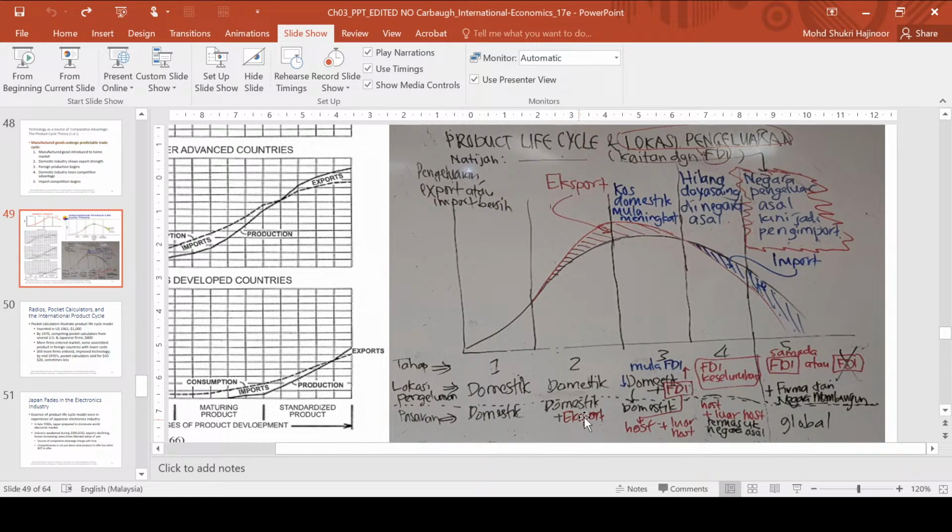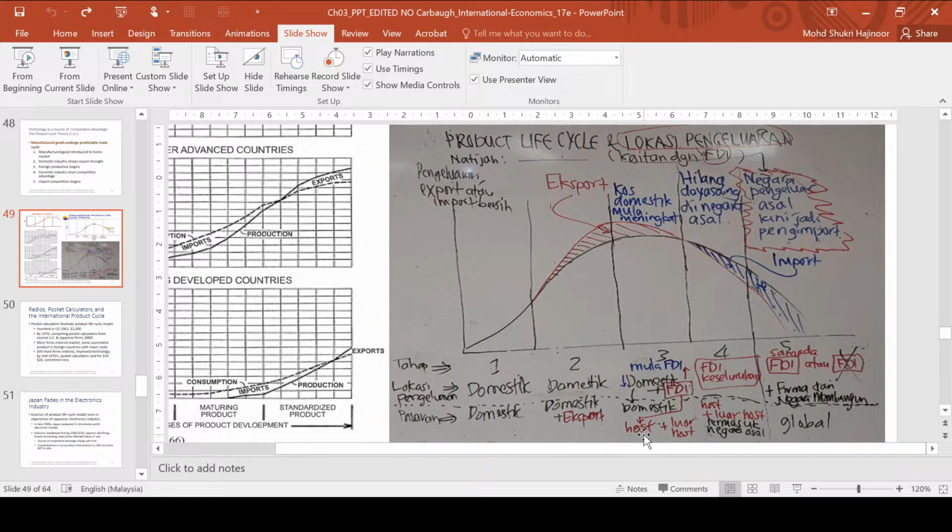Now the market: domestic plus the host country that we are going overseas to invest in through FDI. We call it the host country, the market there. For example, if Malaysia goes to Indonesia doing FDI, Indonesia is the host country. Understand?